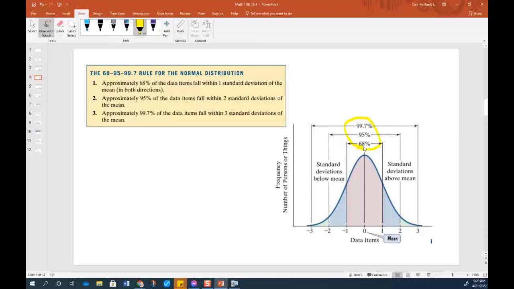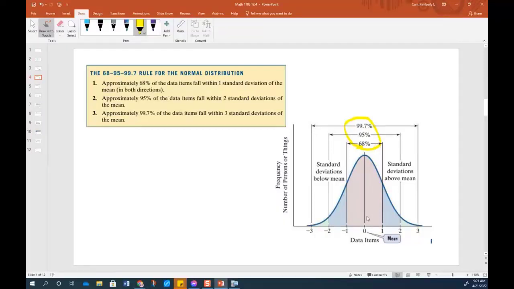So notice 68 goes 1 below and 1 above. The 95 goes 2 of these marks below and 2 of the marks above. And each mark indicates the distance of a standard deviation. So if you go 3 standard deviations above and 3 standard deviations below, you've captured almost all of the data.